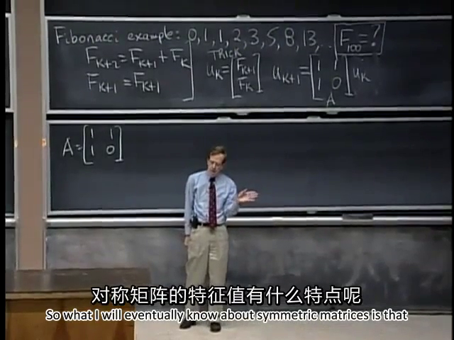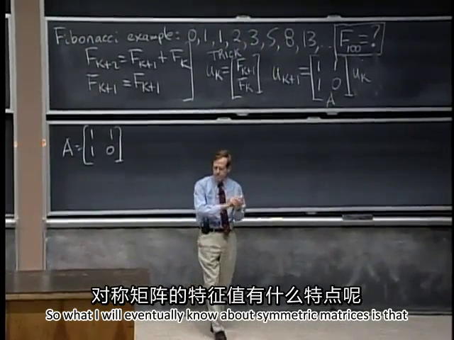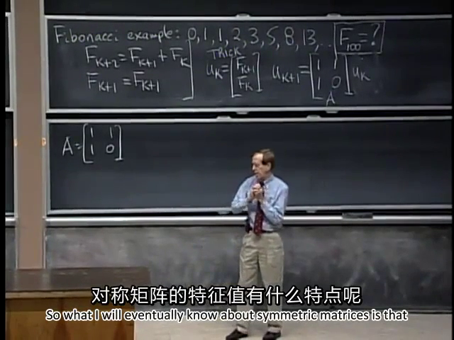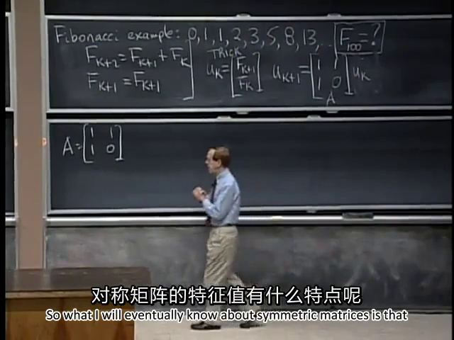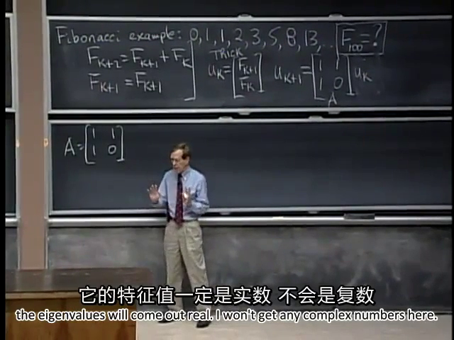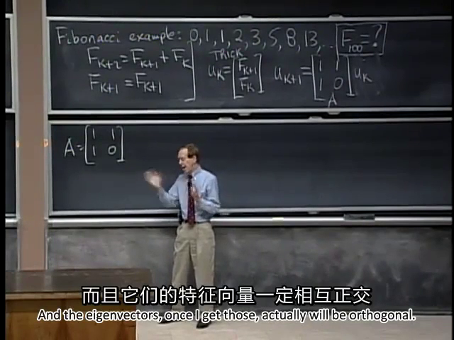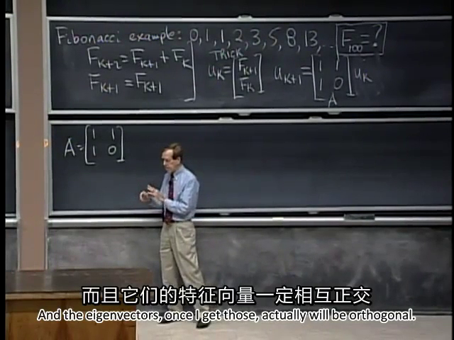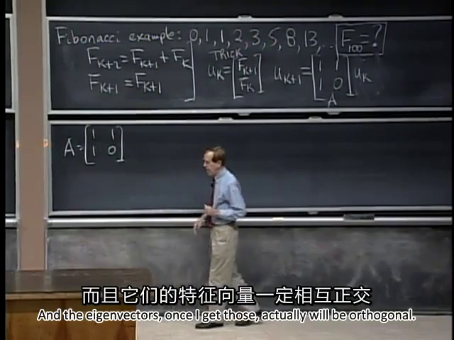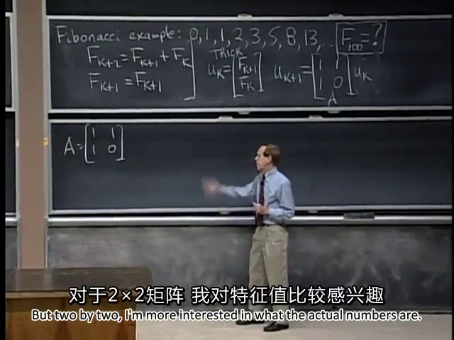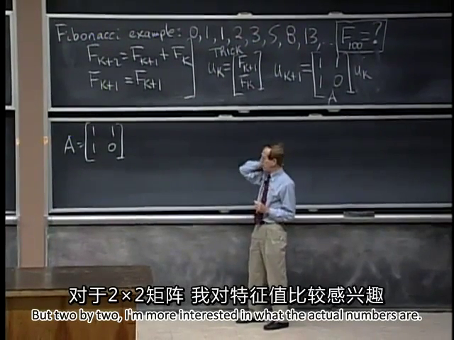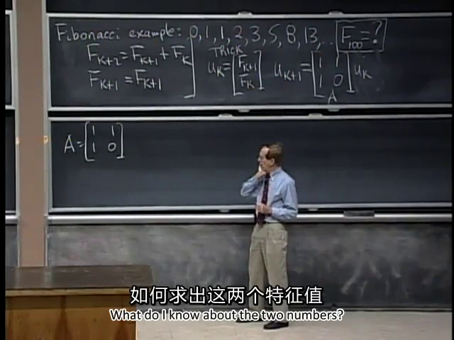So what I will eventually know about symmetric matrices is that the eigenvalues will come out real. I won't get any complex numbers here. And the eigenvectors, once I get those, actually will be orthogonal. But 2 by 2, I'm more interested in what the actual numbers are.